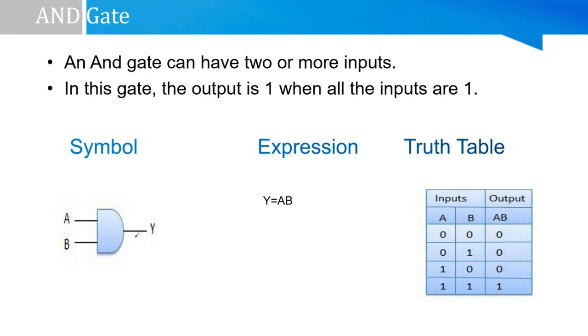Here, if you provide the input as 0 and 0, it will do the multiplication operation, so you get 0 into 0. In the truth table, you will have the two inputs.